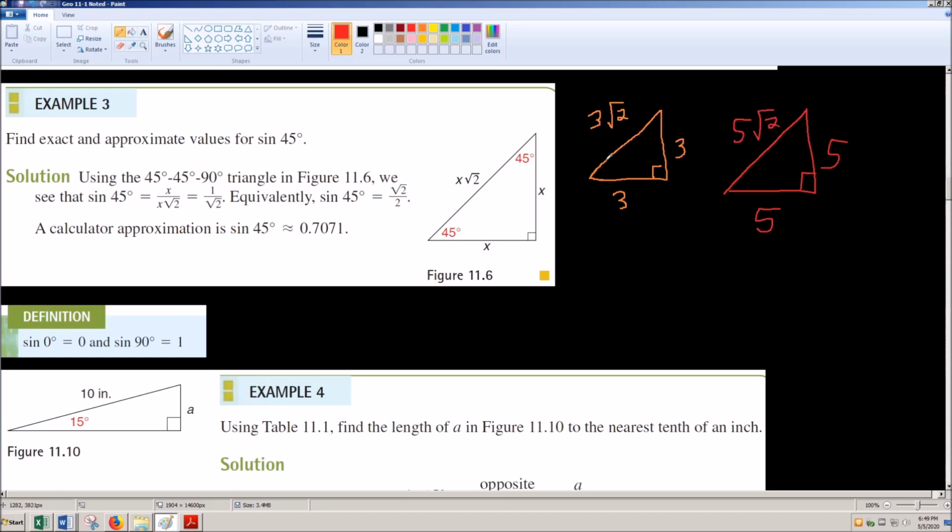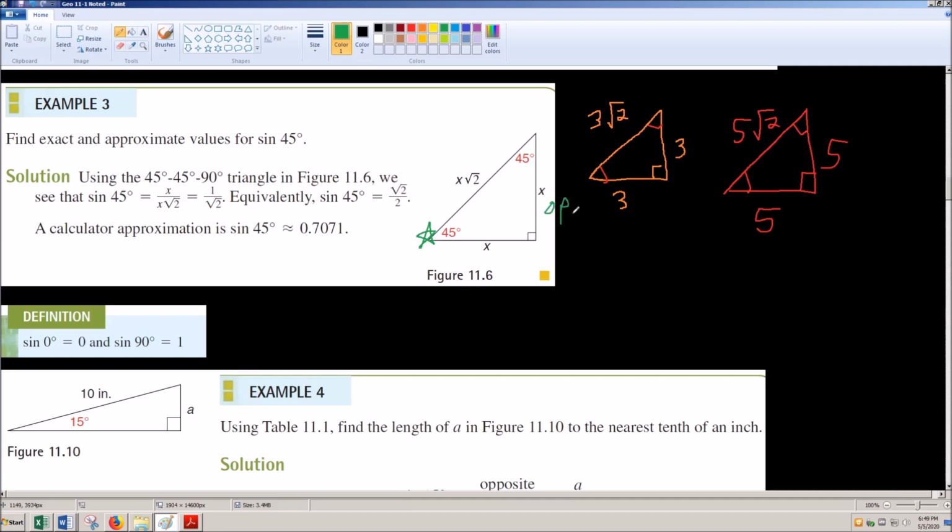So in both of these cases, this is a 45-degree angle, this is a 45-degree angle, this is a 45, and this is a 45. So in solving this, we can work our trig magic here to figure out what sine of 45 degrees is, and then do the ratio. So just simplifying again, it doesn't really matter because it's the same angle for both.